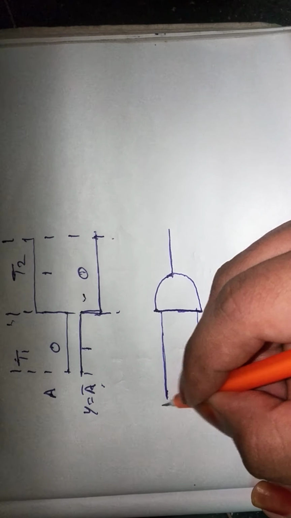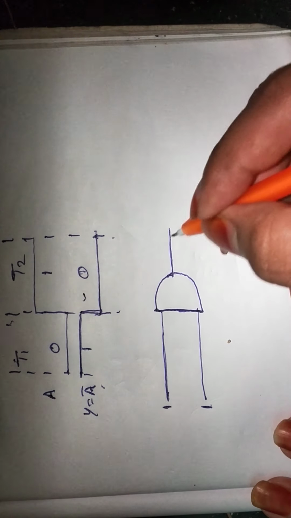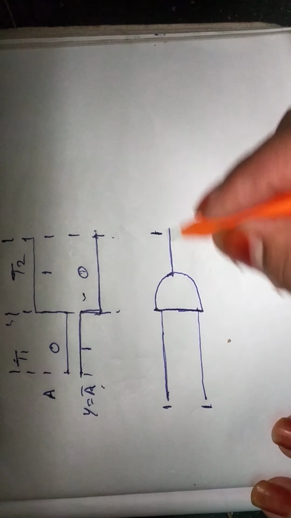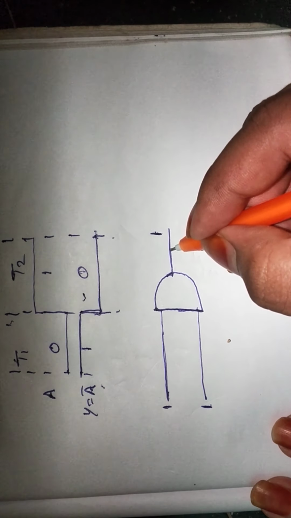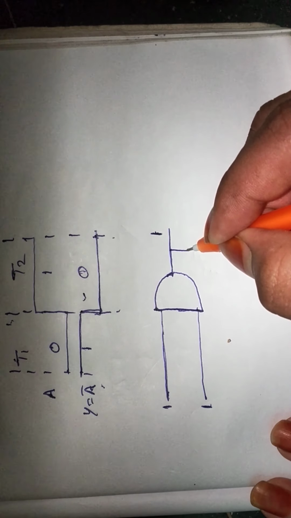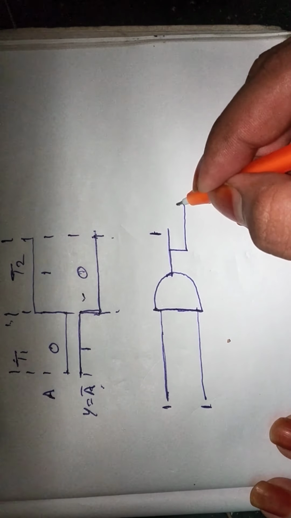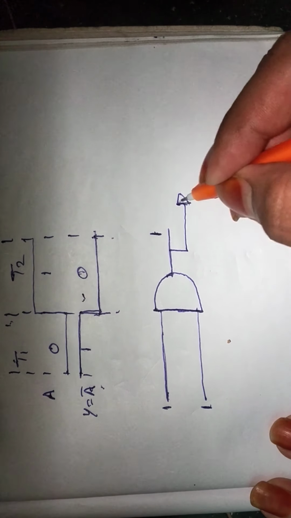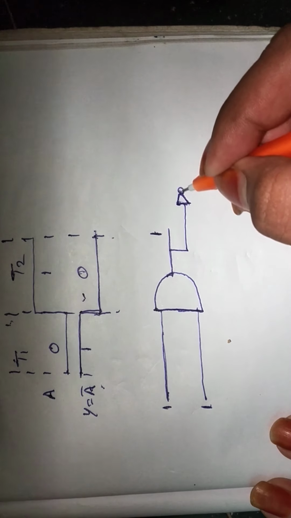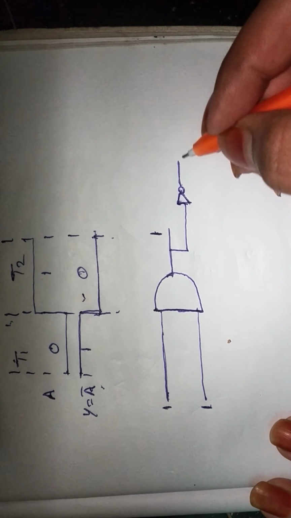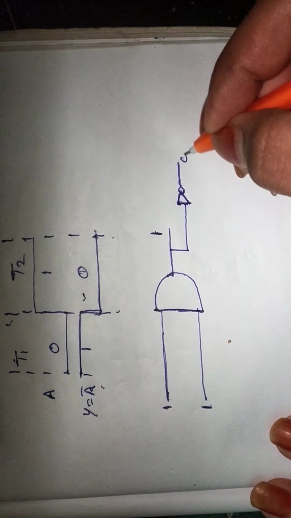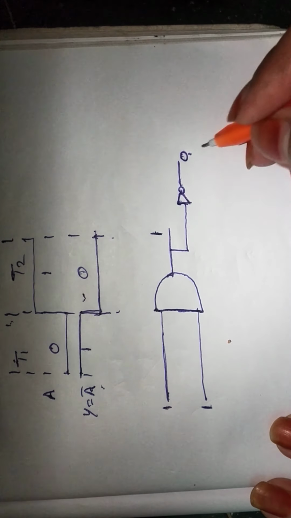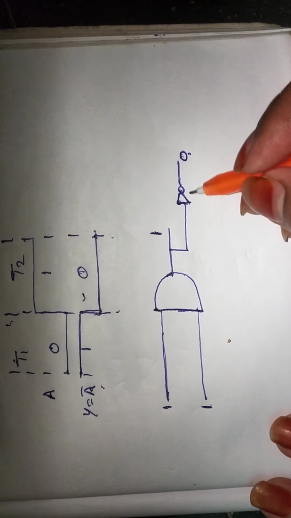Suppose these two variables are 1 and 1, the output comes 1, but we want the complement of 1, so at the output we add the NOT gate symbol, then the output will be 0. This is the complement of 1.